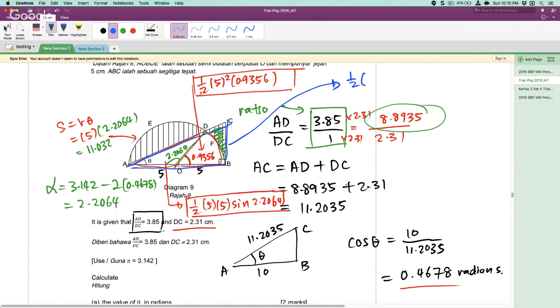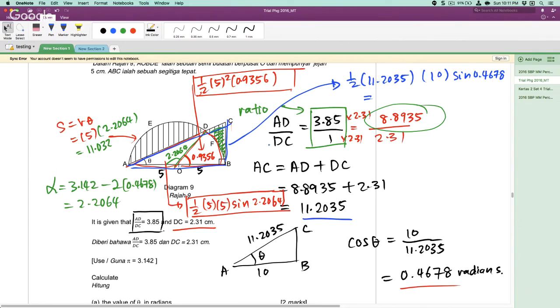AC we got somewhere here: 11.2035, multiplied by AB, which is 10, then multiplied by sine of the angle in between, which is 0.64678. Then I will minus both the small triangle and small sector. This is basically the method.